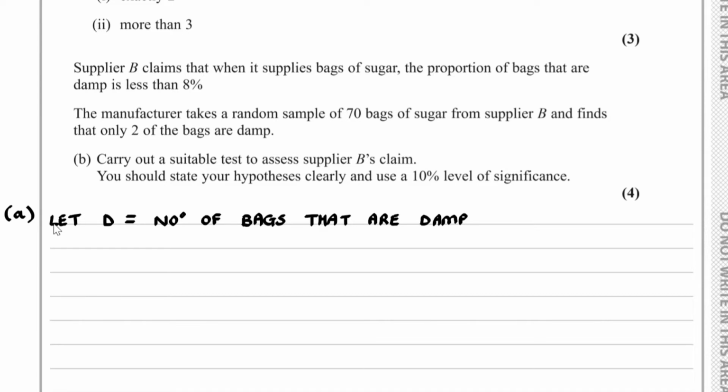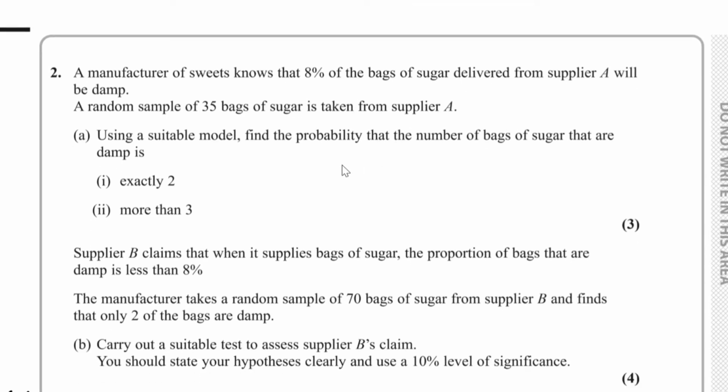Now, we have a binomial distribution, which means D is binomially distributed with parameters. Now here, we have 35 bags. We've got a 0.08 chance of the bag being damp.